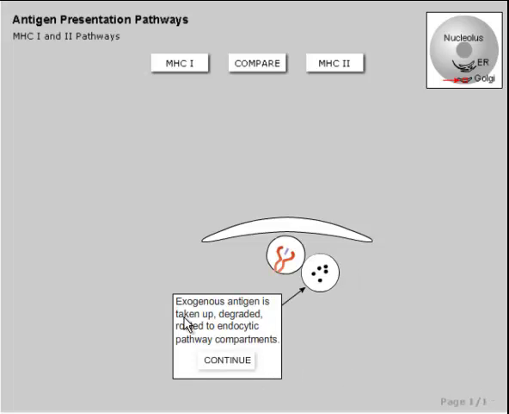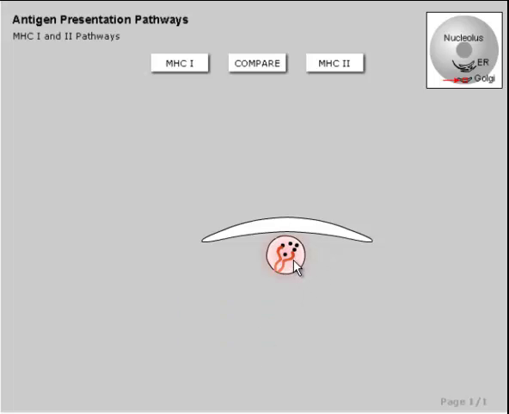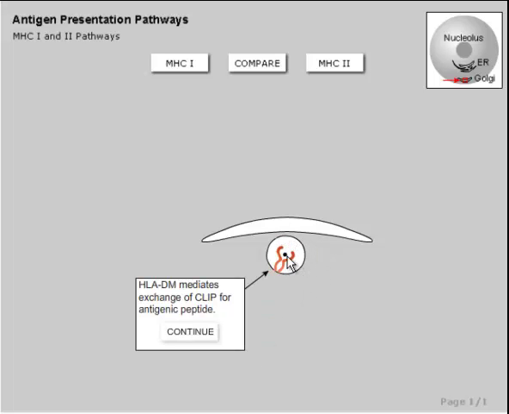So at this point, exogenous antigen from the outside is taken up, and it will be degraded and routed to the endocytic pathway compartments. And so it will fuse to this secretory vesicle, and it will allow the replacement of that little clip fragment with the antigen in the antigen binding site.